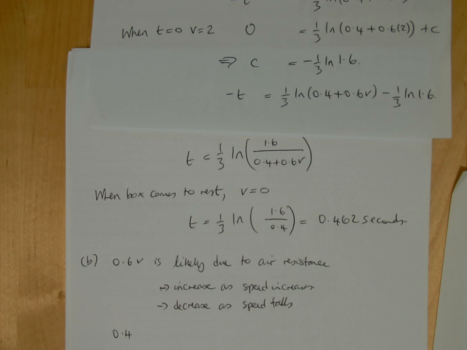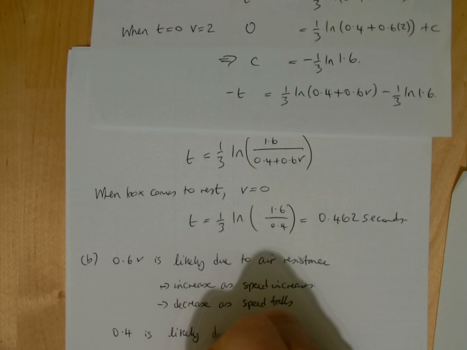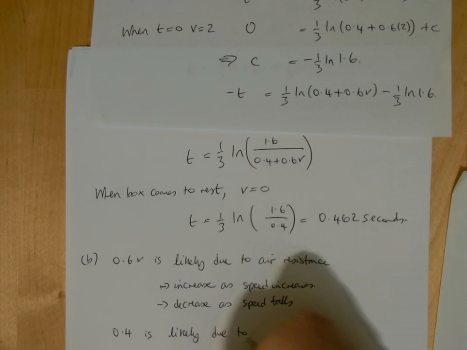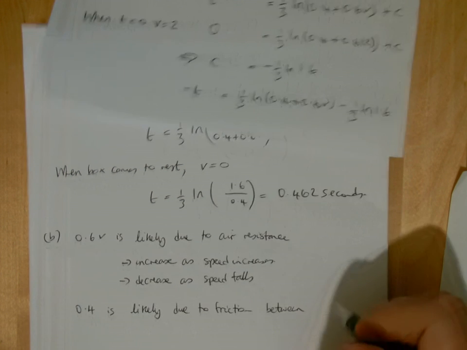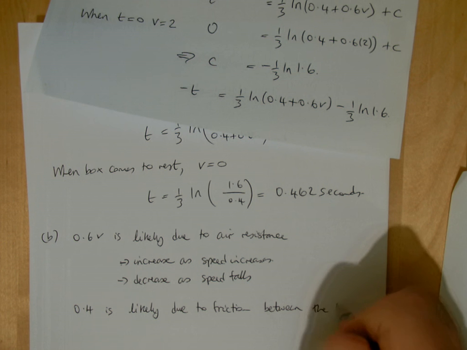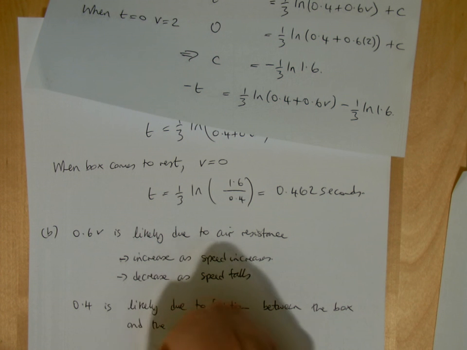Once you're moving, that friction is going to be the same. So I'd say this is likely due to friction, in this case between the box and the floor, the box and the surface.